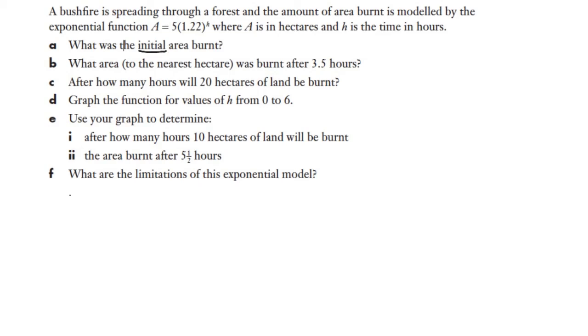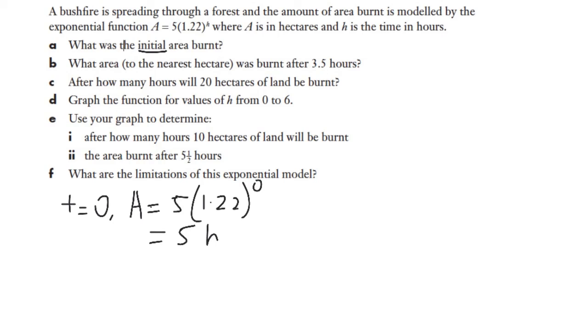So that means h equals 0 and A equals 5 times 1.22 to the 0. Now, anything to the power of 0 is 1. That doesn't mean the whole answer will be 1. It, in fact, means the area to start with is 5 hectares, ha being the shorthand for hectares.